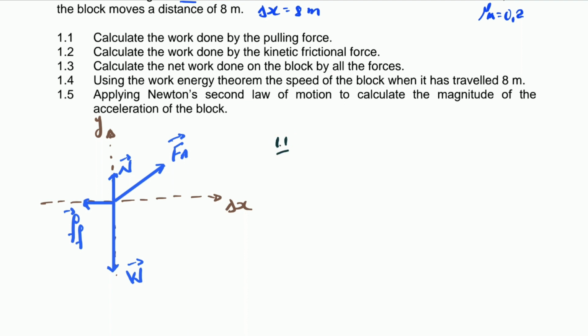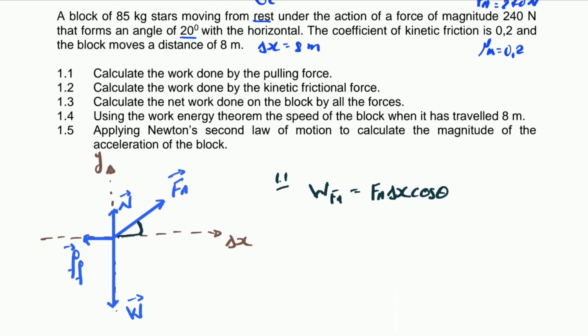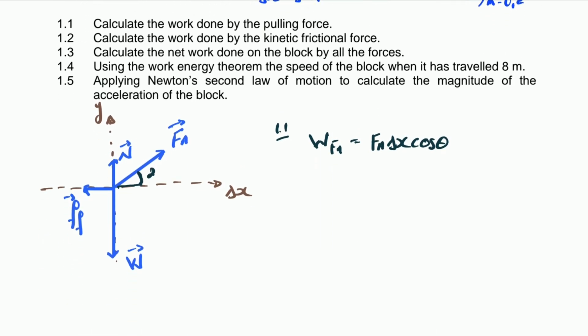So question 1.1, which is quite simple, calculate the work done by the pulling force, is the work done by the applied force. In other words, this is equal to applied force multiplied by the displacement multiplied by the cosine of theta. Remember, theta in this case is the angle of inclination, which is the angle here. This is given in the data, you can see there is 20 degrees.